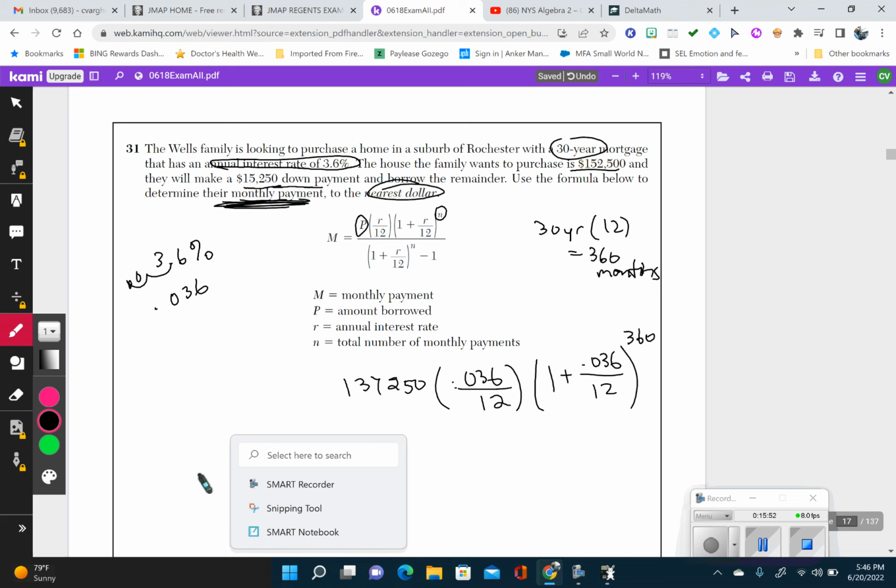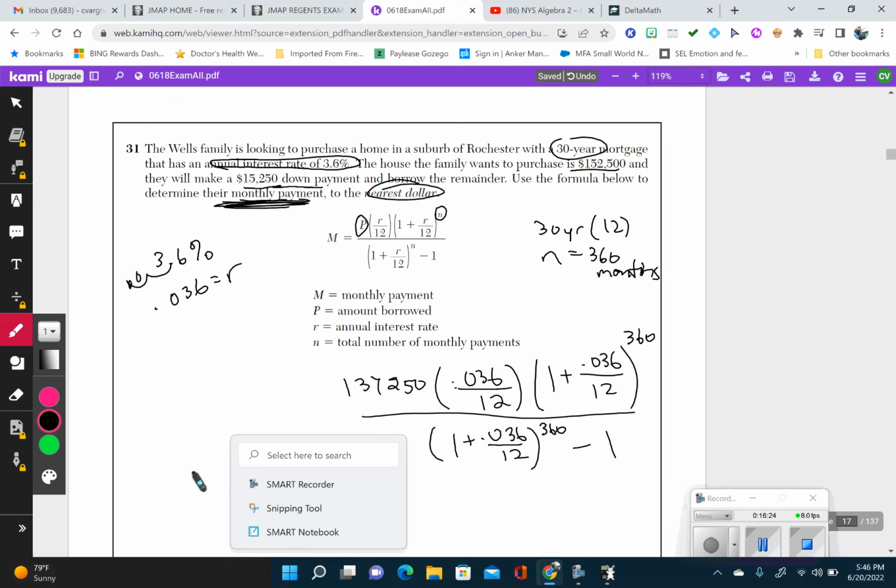And then on the bottom, the denominator is going to be 1 plus the R, that rate 0.036 divided by 12, and then to the n power, which is also that 360 again. So n is equal to 360. We could even write that down. This right here is our R. Good. And then it says -1.